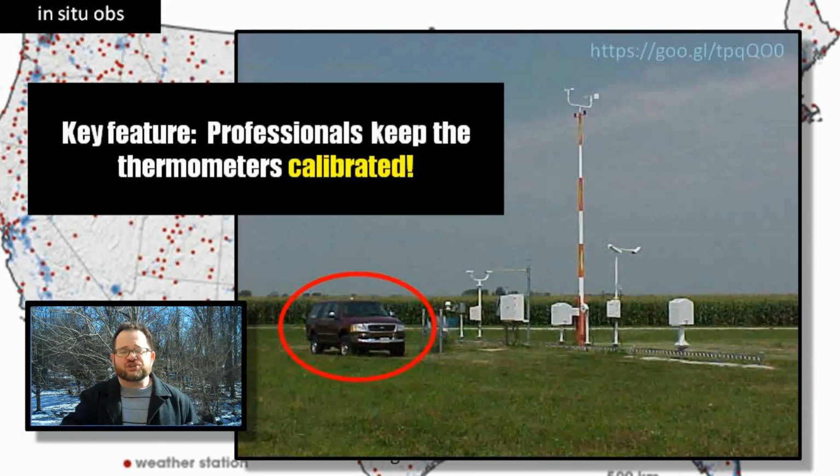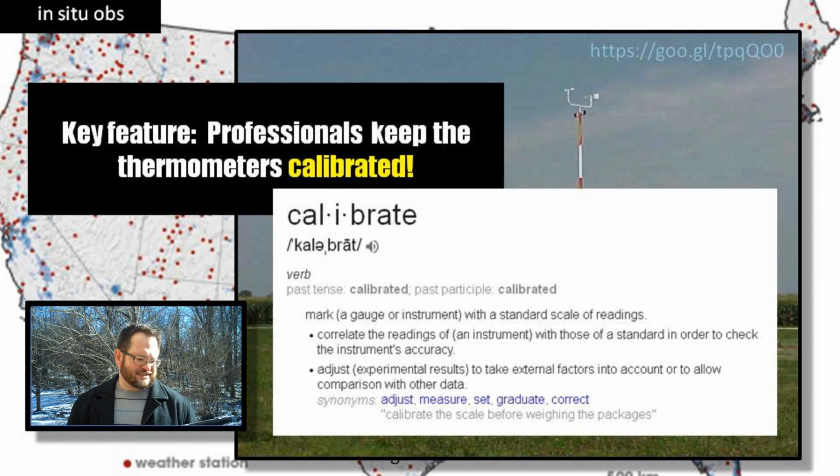But what's a real key feature of these official National Weather Service and FAA observations is they are kept calibrated by professionals. There are professionals called MET techs, meteorological technicians, whose job it is to keep these instruments in calibration. If you're not familiar with that word calibrate, I kind of just cut and paste a definition here.